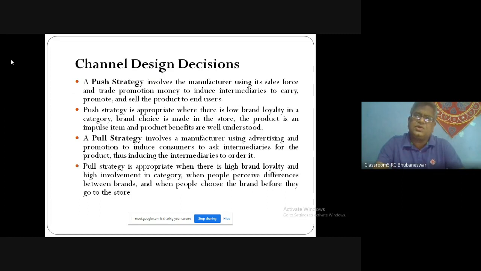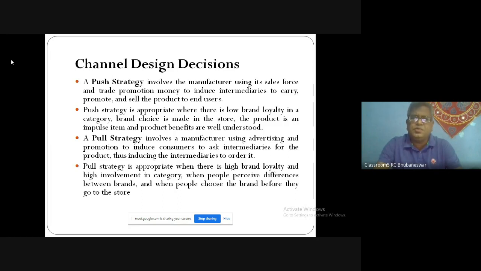But my dear students, sometimes the distribution channel design decision is an important aspect. Now the discussion point is which type of channel design decision is to be arranged. There is a push strategy and a pull strategy. If you talk about push strategy, it means they use the sales force or trade promotion money to induce the intermediary to carry the particular product.